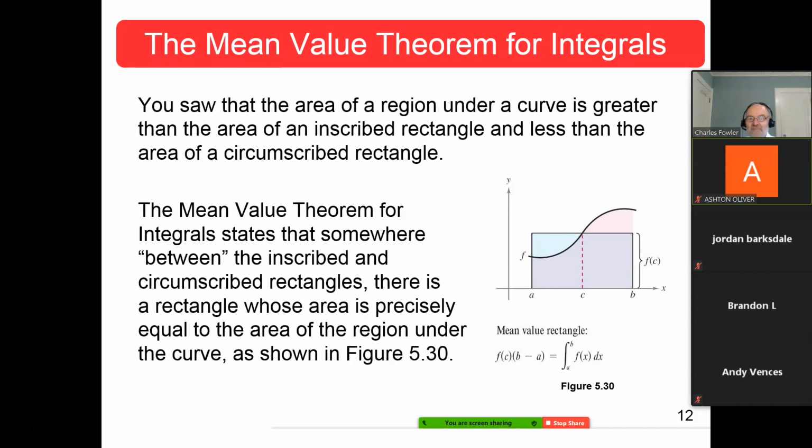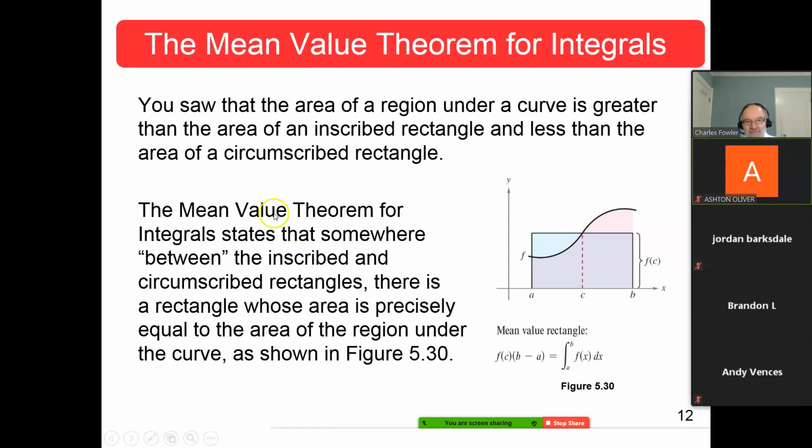The mean value theorem for integrals states that somewhere in between those two areas, the inscribed and the circumscribed rectangles, there is a rectangle whose area is precisely equal to the area of the region under the curve.